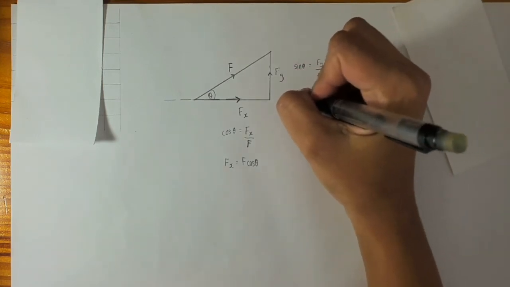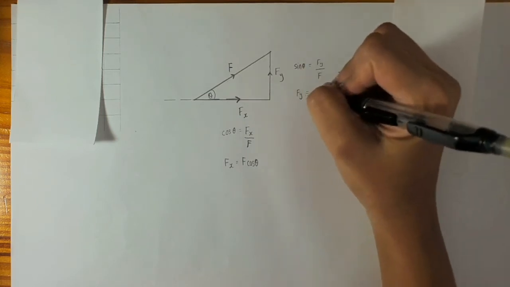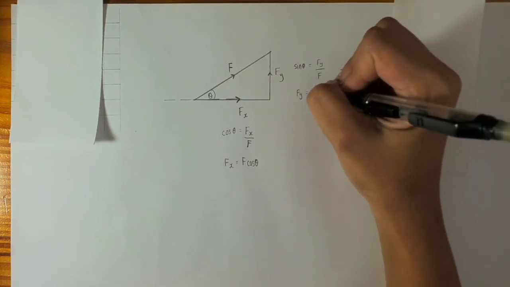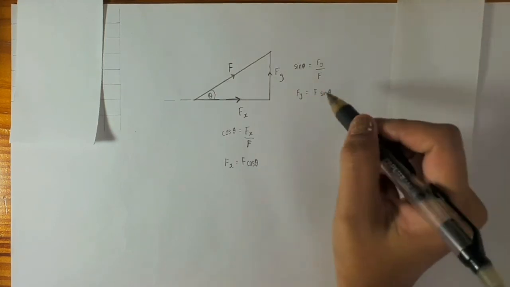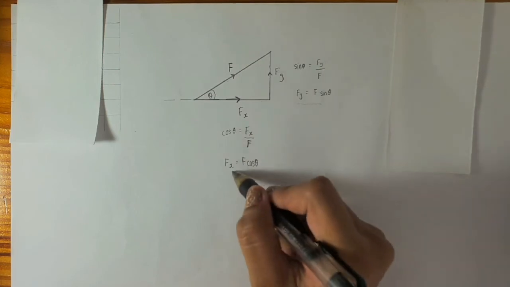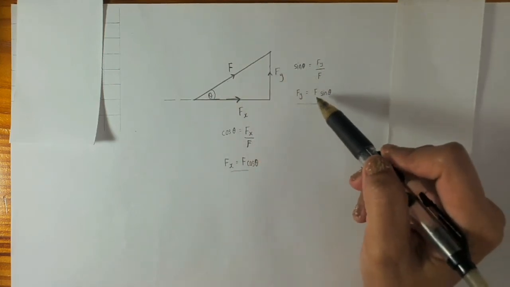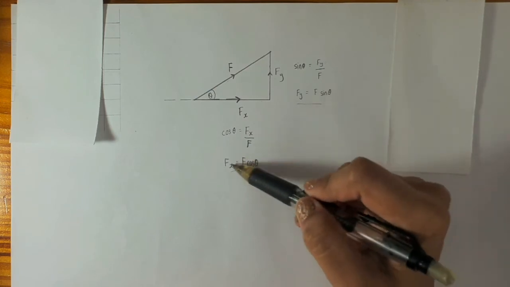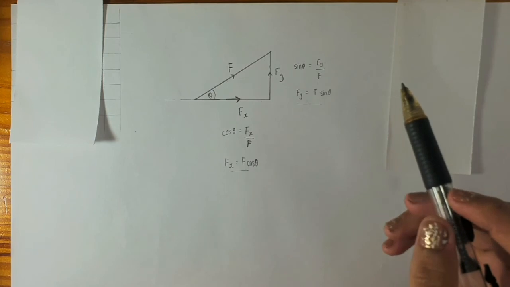So if I make F y the subject of the formula, that is F multiplied by sine theta. So I have now these expressions that are based on my diagram of how to find the components. Naturally we will do some questions with some numbers and hopefully it'll click for you really easily.